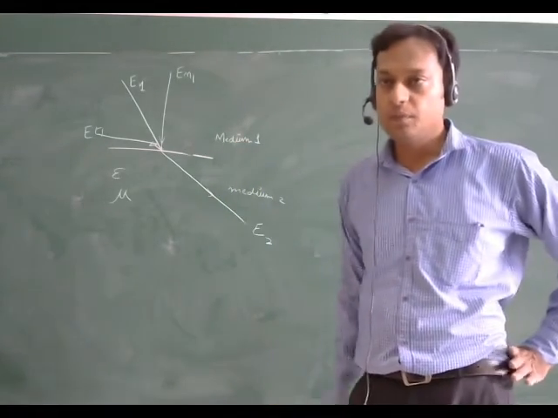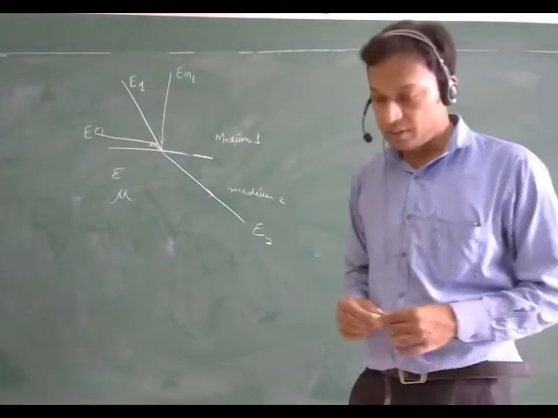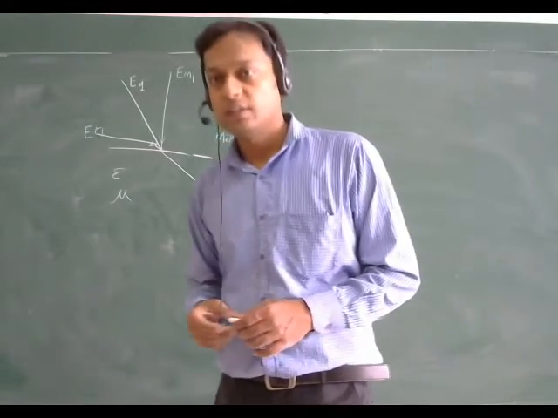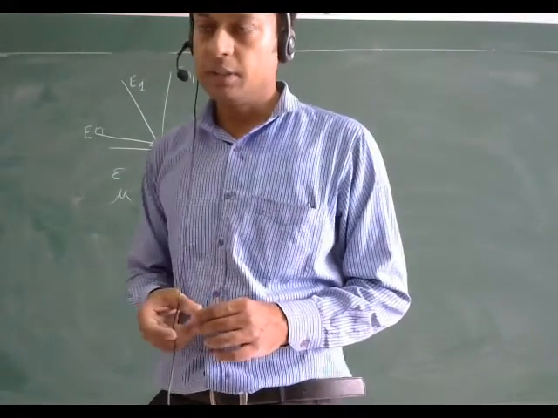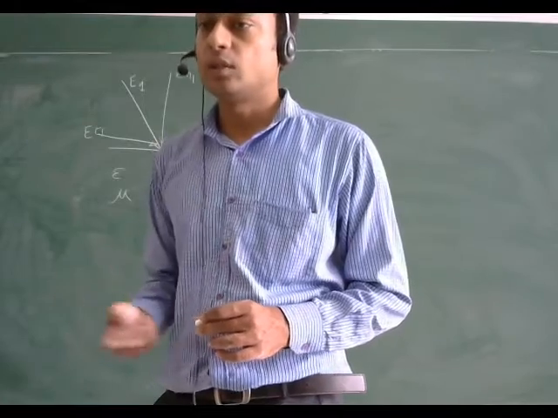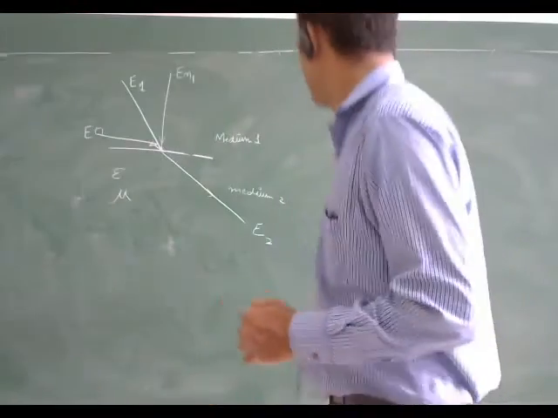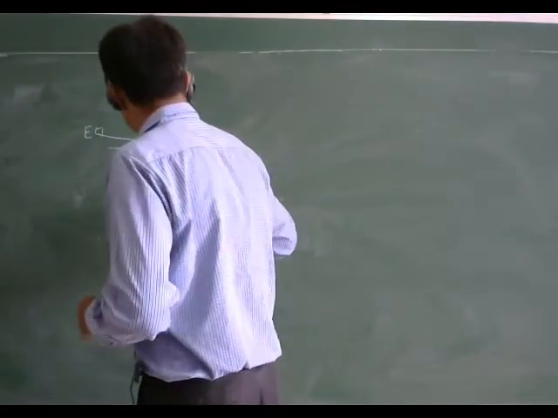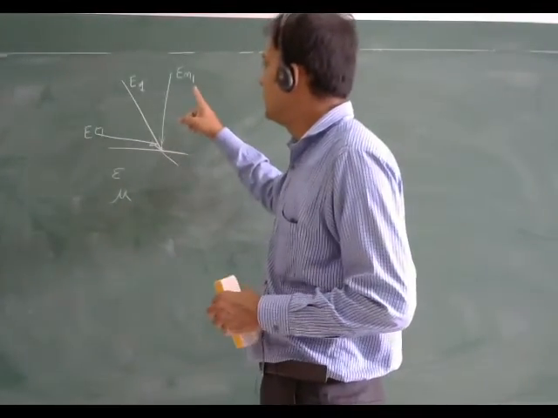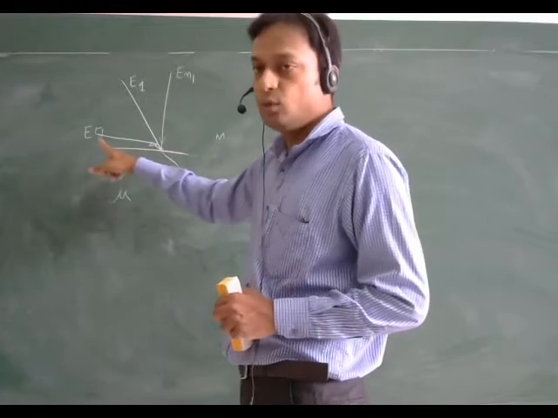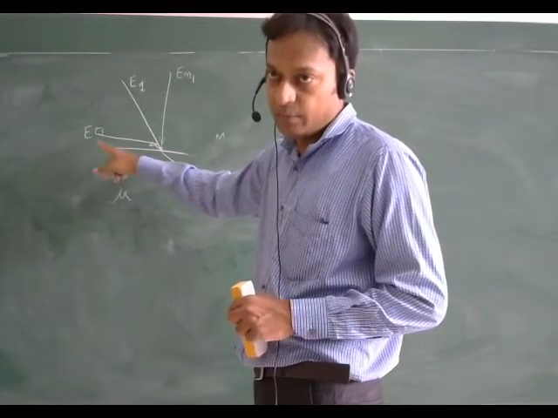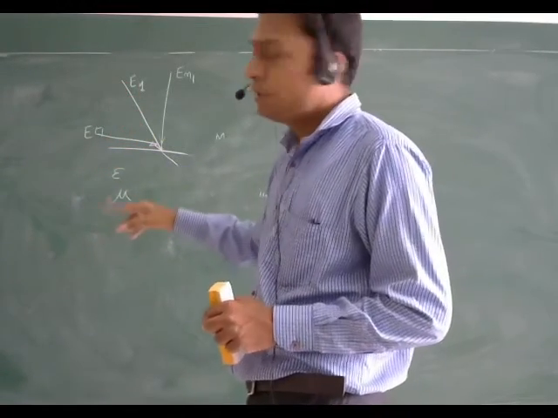So here we use two equations. First, the Maxwell equation, and second, Gauss law. According to these two cases, for the normal component and for the tangential component, we use two equations.